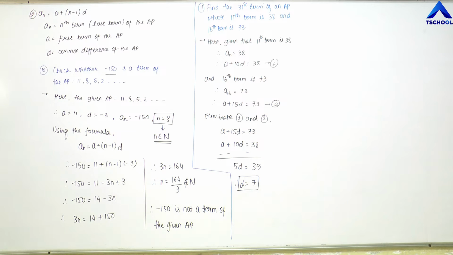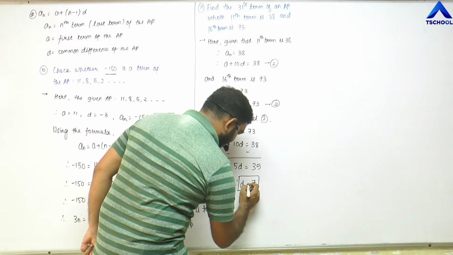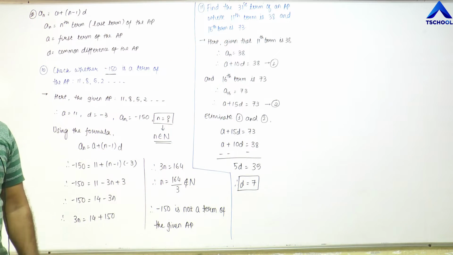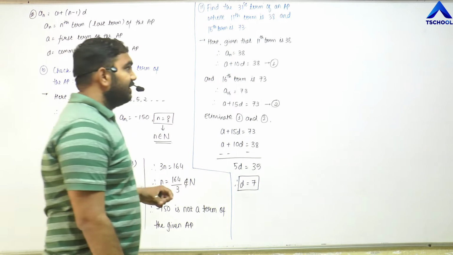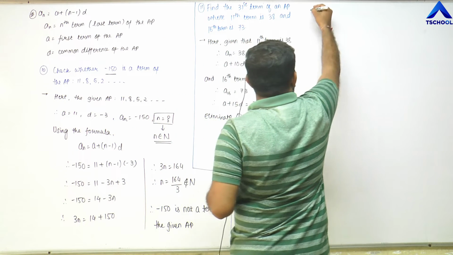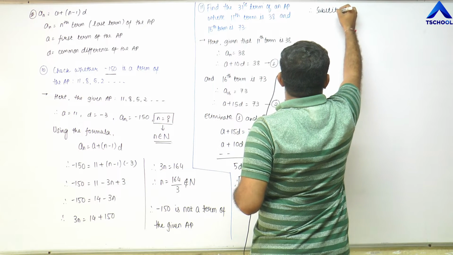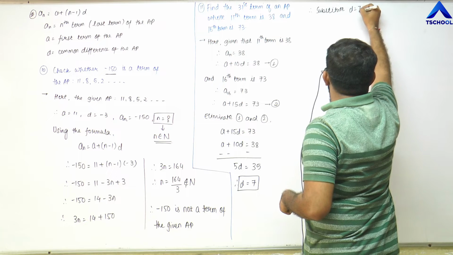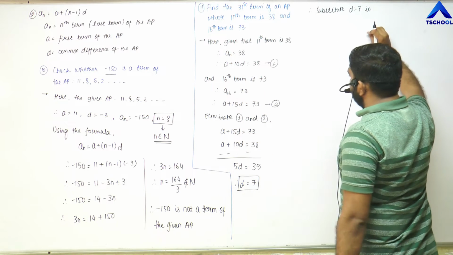Now friends, finding out the value of A, because we require the 31st term, so comparing with the general form, we must get the value of A and D. Therefore substitute the value of D equal to 7 in equation number either 1 or 2.